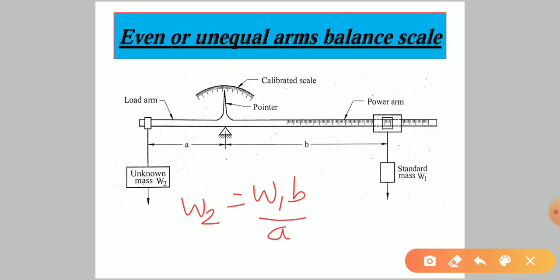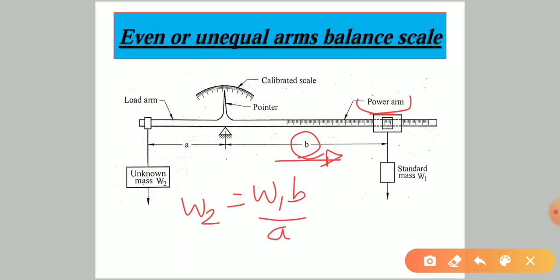In this scale, the standard weight can be decreased by increasing length B. Hence, a heavier load can be measured with the help of a small standard mass and a large arm.